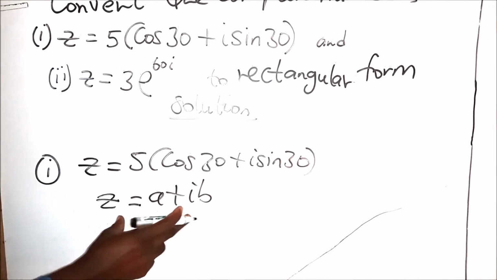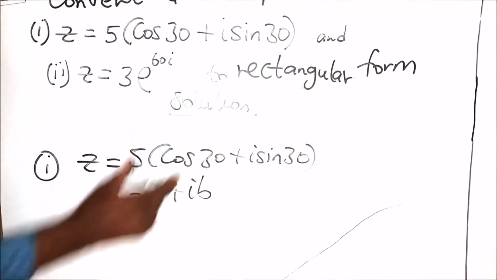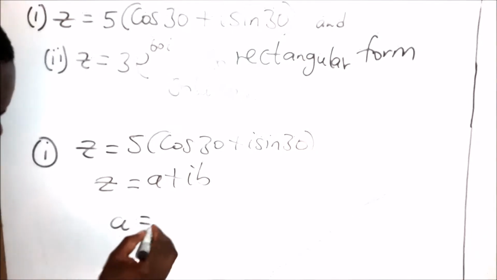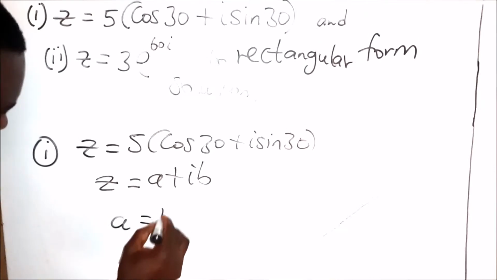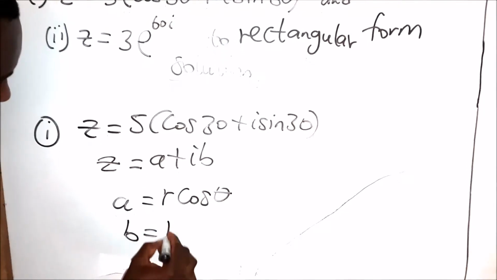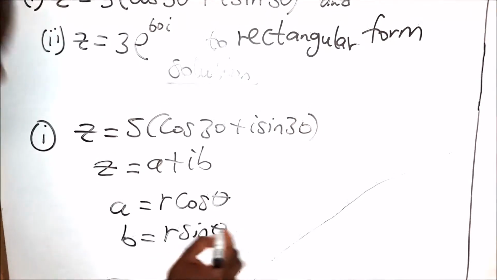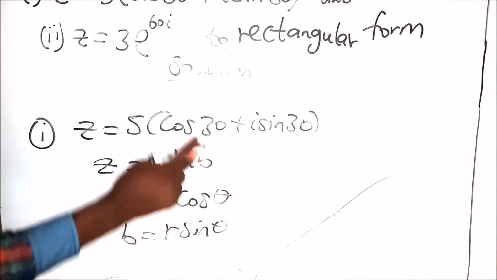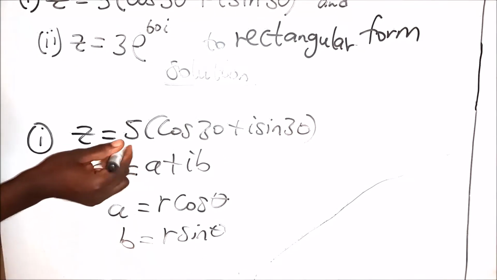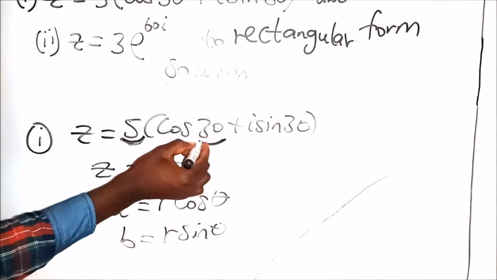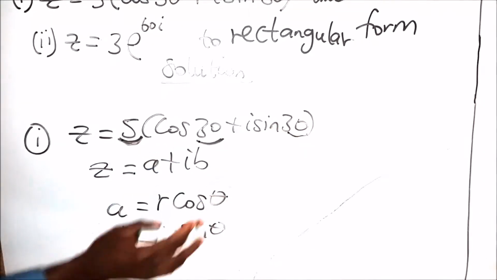Then, comparing rectangular form to polar form, we have that a is equal to r cos theta and b is equal to r sin theta. Theta there is the argument, this 30, while the r is the modulus.